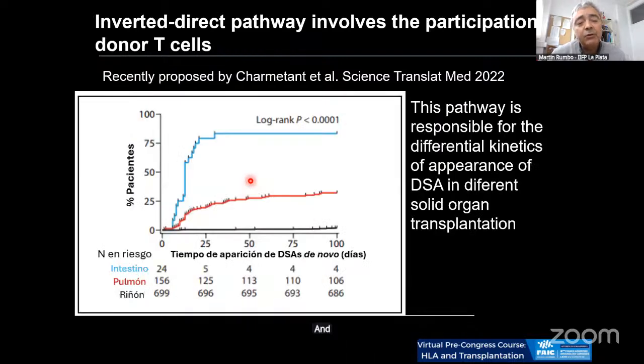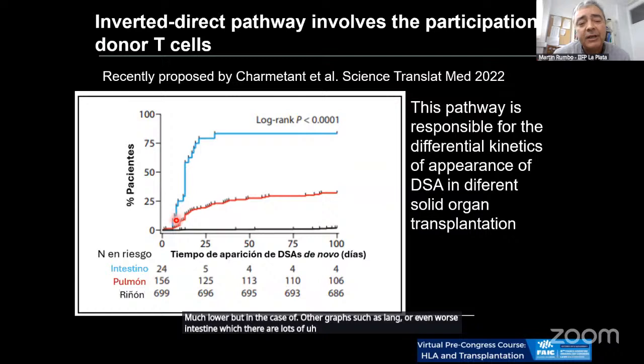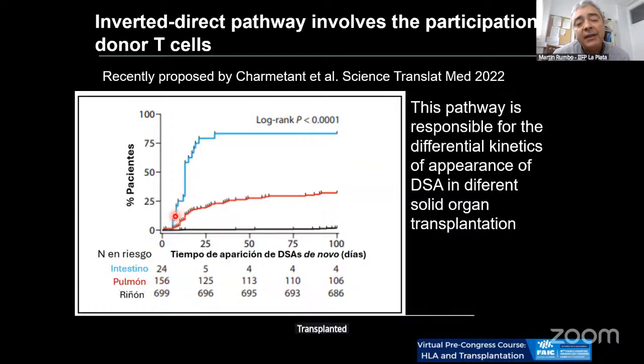And if you consider what's going on in the clinic, these are data from different types of grafts. Normally, in grafts that are very poor in CD4 cells, such as kidney transplantation, the kinetics of generation of DSA is much slower. But in the case of other grafts, such as lung or even worse, intestine, in which a lot of organized lymphoid structures are transplanted, the rise of donor-specific antibodies is much faster.